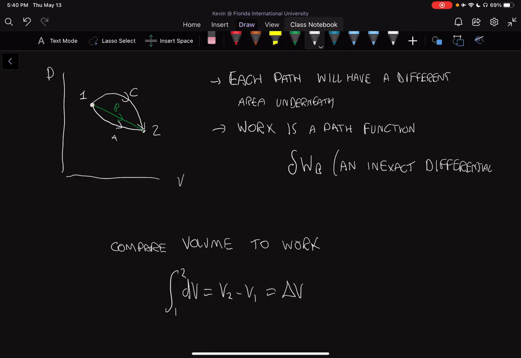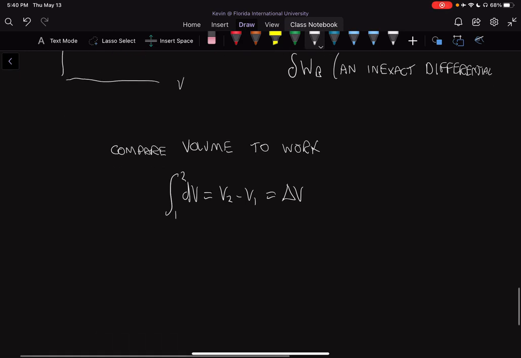It's just going to be equal to delta V, or V2 minus V1. So the change in volume only depends on the initial and final state. The work depends on how you get there and what you're doing, essentially. Okay, so it is a little bit different in the way that it is done.